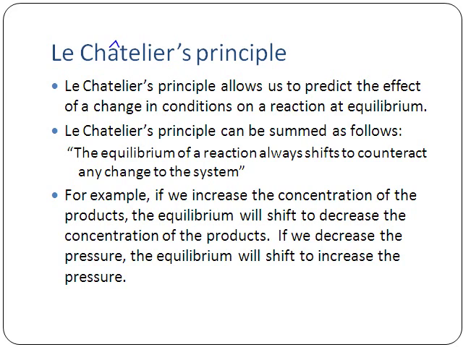And so how do we figure out what it does? Which way it goes? Well, we use Le Chatelier's principle, which states this. The equilibrium of a reaction always shifts to counteract any change to that system. Okay, simpler terms. If I push the reaction one way, it's going to push back the other direction. If I try to increase the concentration on the right side, the reaction is going to respond by increasing the concentration on the left side.